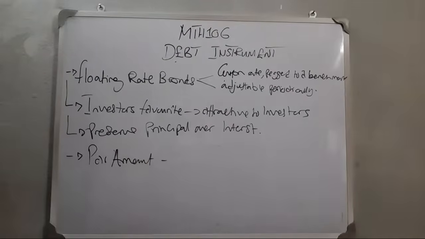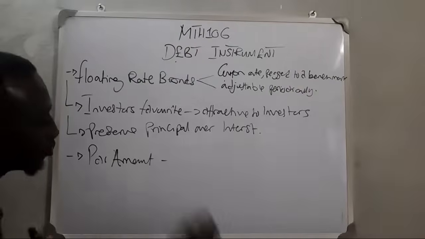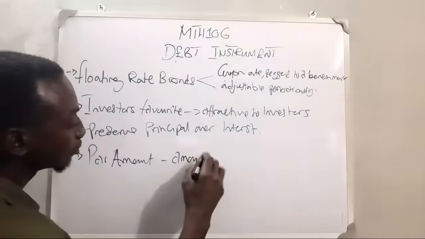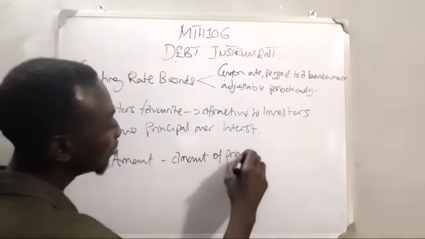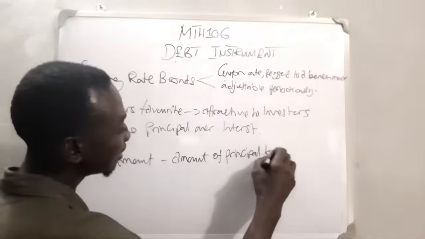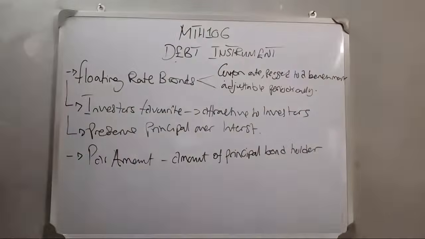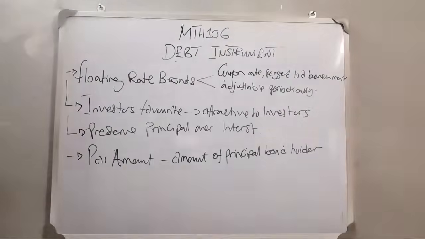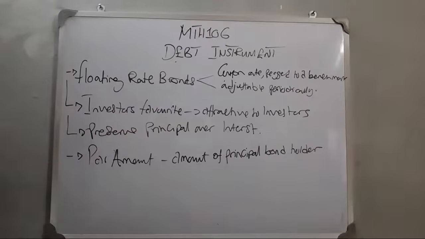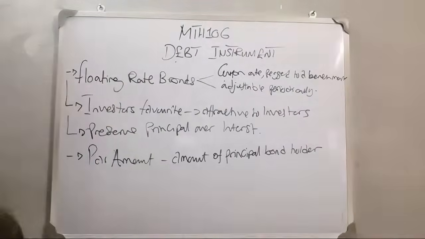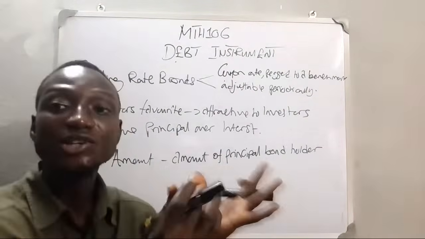Now here we are talking about the par amount of a bond. It is the amount of principal that the bond holder will receive at maturity, just like the students bringing their coupon to the cafeteria at a particular time, the time you go for your lunch or breakfast, and this is the value of your coupon.